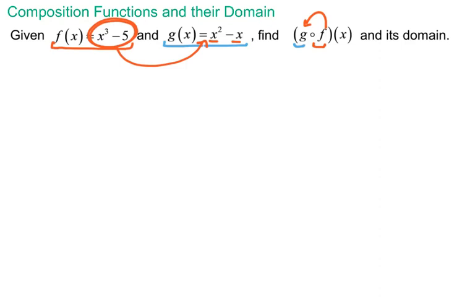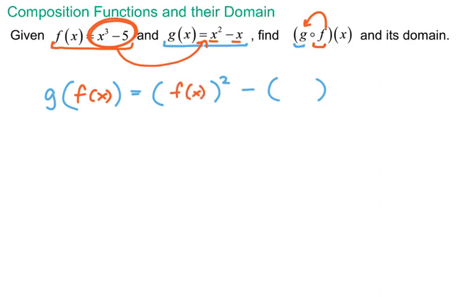And we can rewrite that. We can say g of f of x means, wherever there's an x, I have x squared minus x. And what am I plugging in for x? I'm plugging in the function f of x.